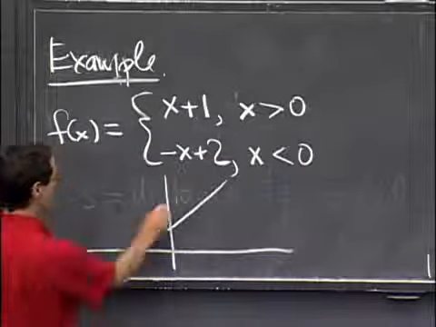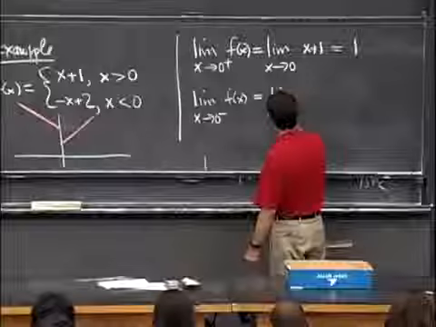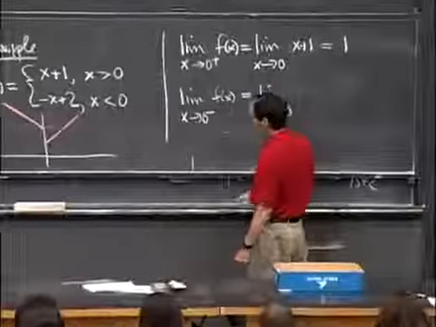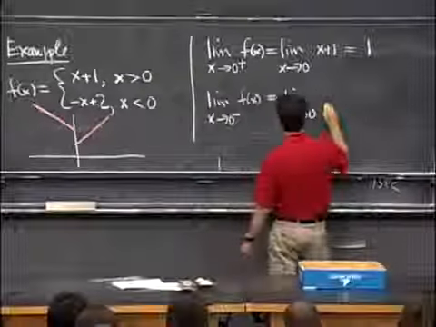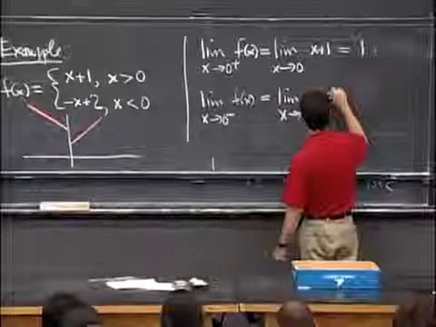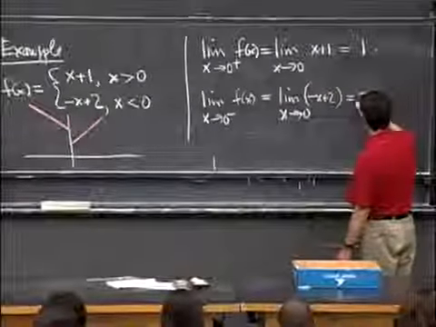And if I take the limit from the left, I told you I was dyslexic. So that's the right half. Here we go. So now I'm going from the left, and it's f of x again. But now, because I'm on that side, the thing I need to plug in is the other formula, minus x plus 2. And that's going to give us 2.